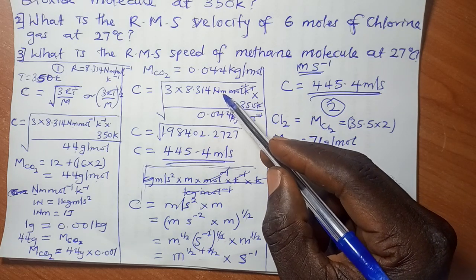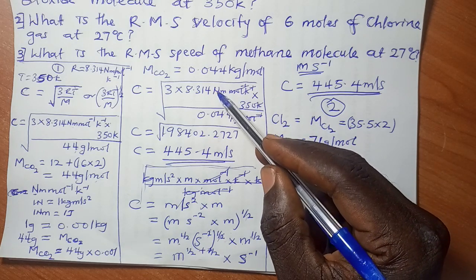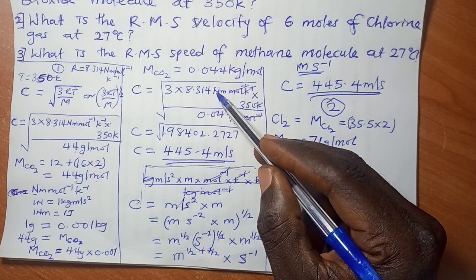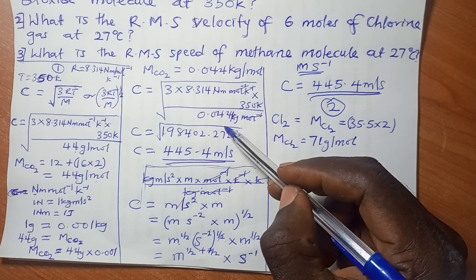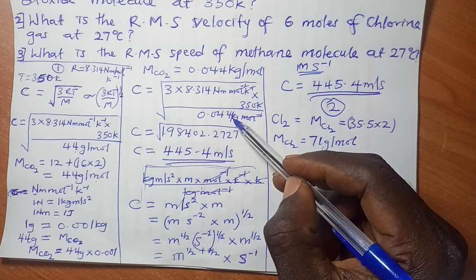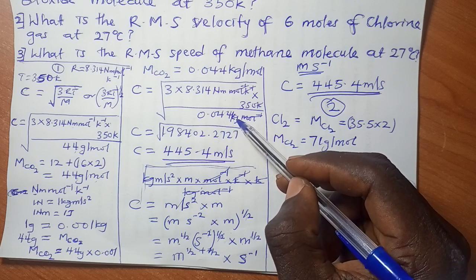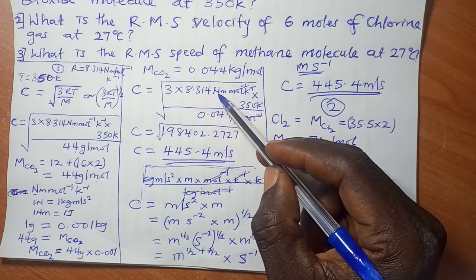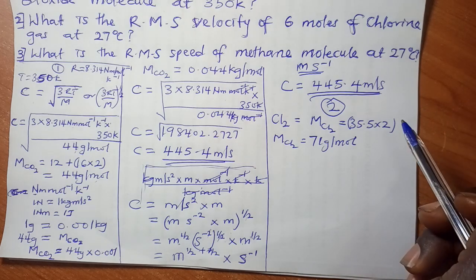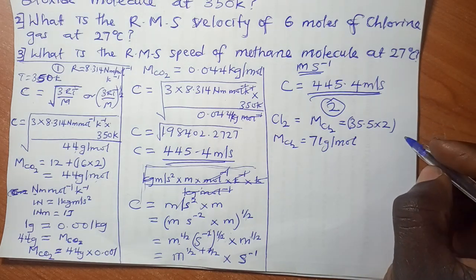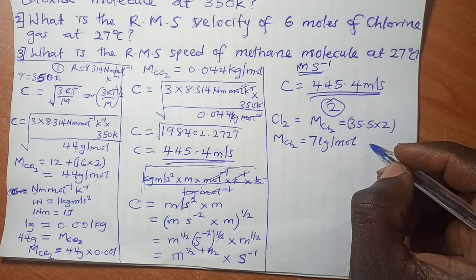So you must be able to subject your molecular weight, which is in gram per mole, to a standard unit, which is in kilogram also, so that both have the same unit. That is what I am simply doing here.